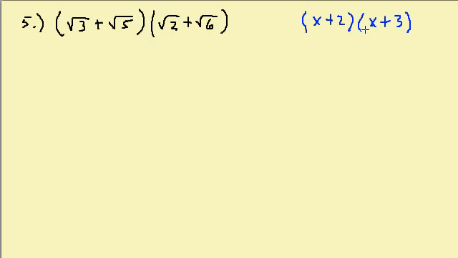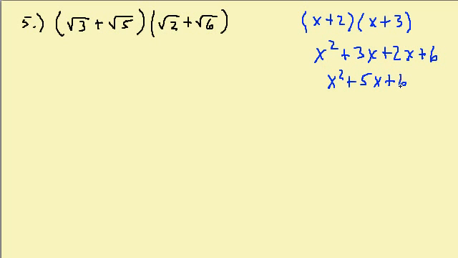You multiply the first, outside 3 times x is 3x, inside 2 times x is 2x, and last 2 times 3 is 6. So we would end up with x squared plus 5x plus 6. I have a video on this also, the FOIL method. You can watch it if you're not familiar with this.